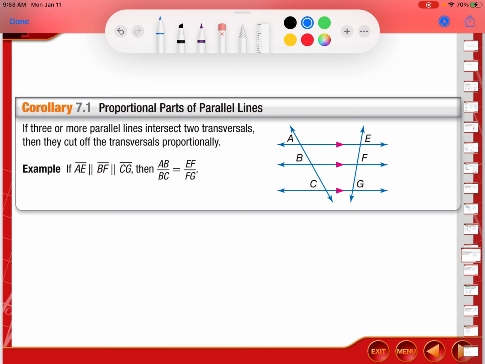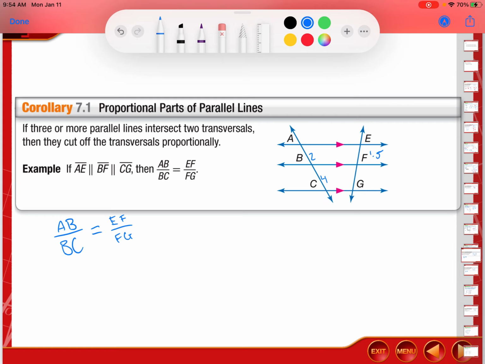So let's use their example. So they say AB over BC equals EF over FG. So if I give some values to this, so let's say this is 2 and this is 4.